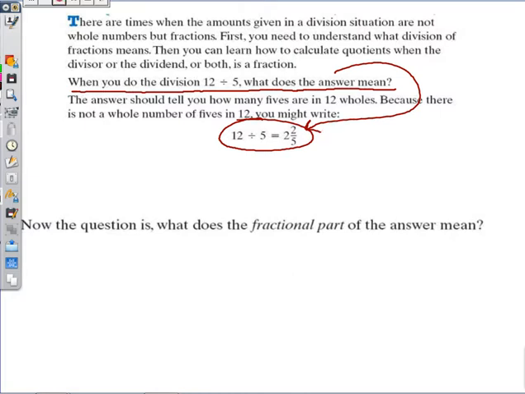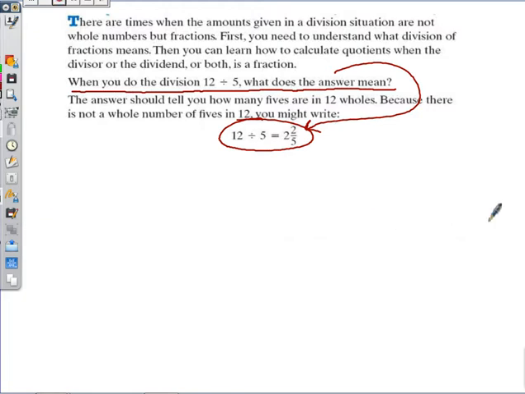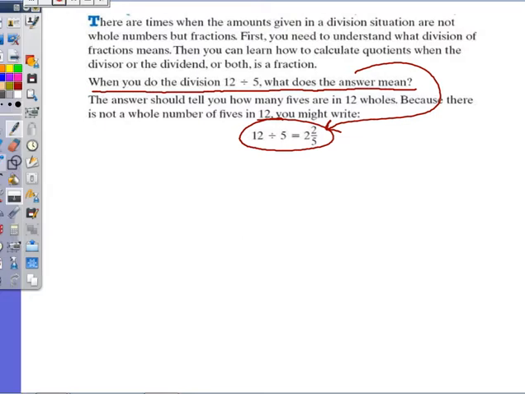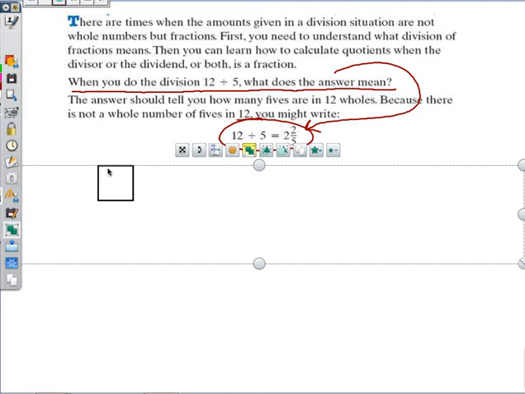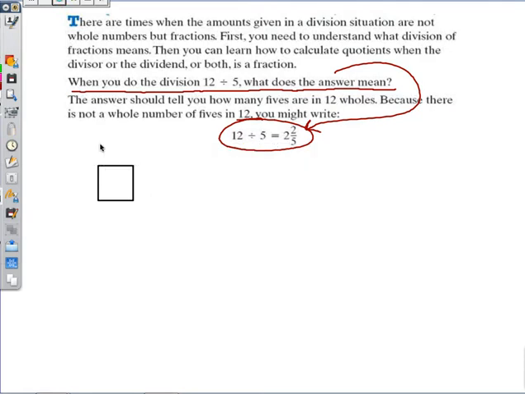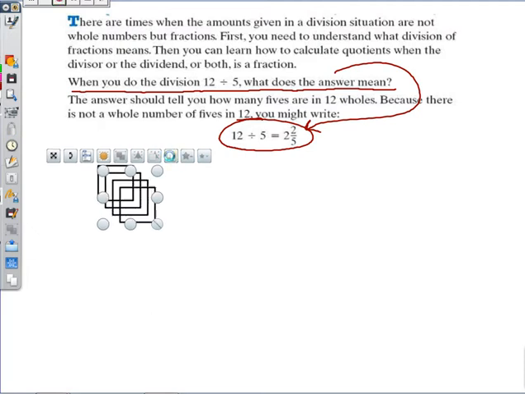In fact, I'm going to cover up this part. I don't want it to confuse us. What am I dividing? I'm dividing 12 wholes. So the first thing I'm going to do is draw 12 wholes. Yes, I'm cheating.